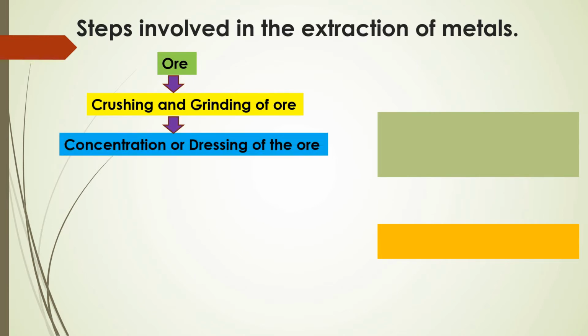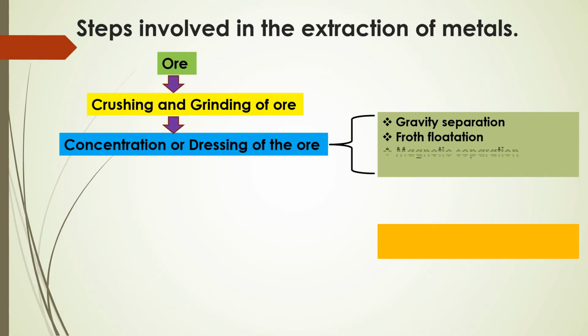The second step, after the ore has been converted into powder form, is the concentration of ore, or dressing of ore. We'll see what we mean by this at a later stage. This concentration of ore can be done in different ways: by gravity separation, froth flotation, magnetic separation, and even by a chemical method, which is also called leaching.